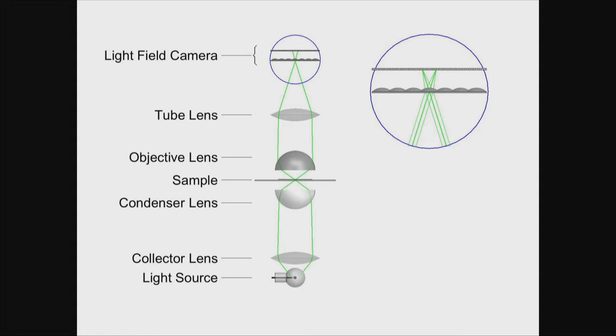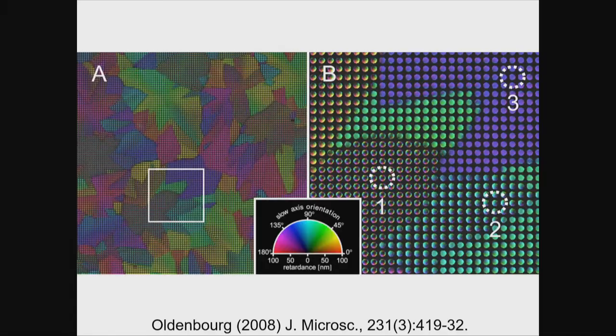Here in this case, you might recognize the same field. This is now what the light field image looks like with the microlenses.